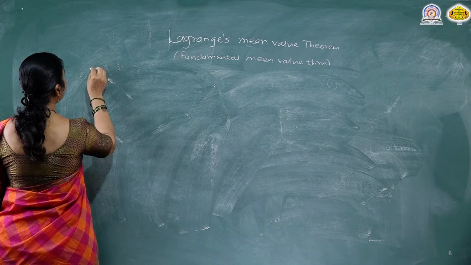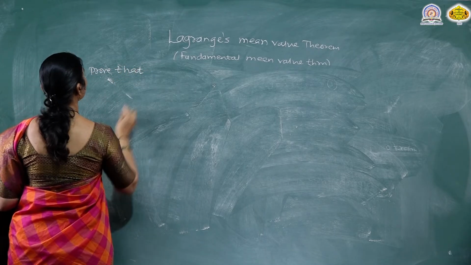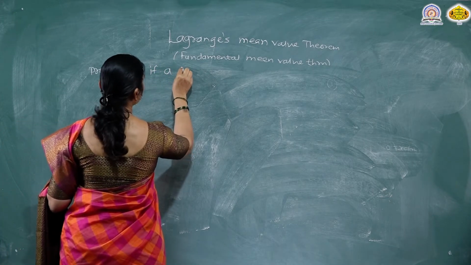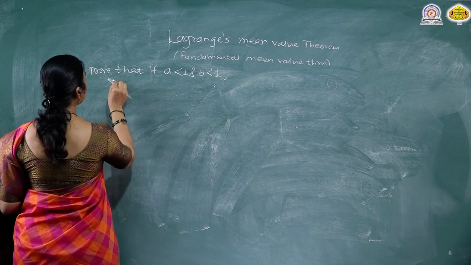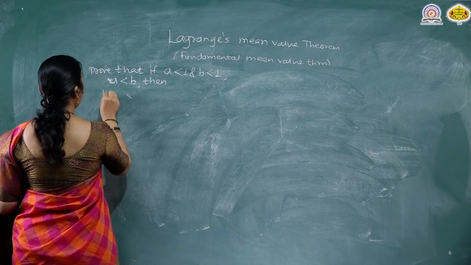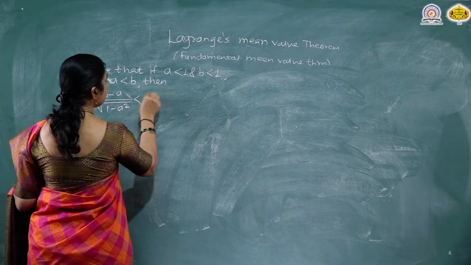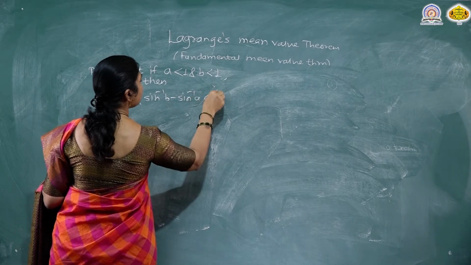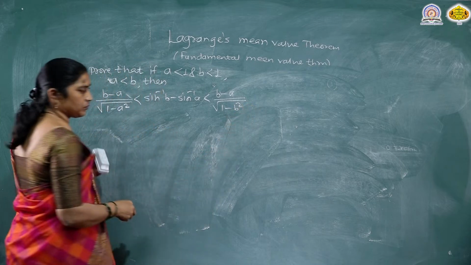We want to prove that if a is less than 1 and b is less than 1, and also if a is less than b, then (b minus a) upon root of (1 minus a square) is less than sin inverse b minus sin inverse a, which is less than (b minus a) upon root of (1 minus b square).